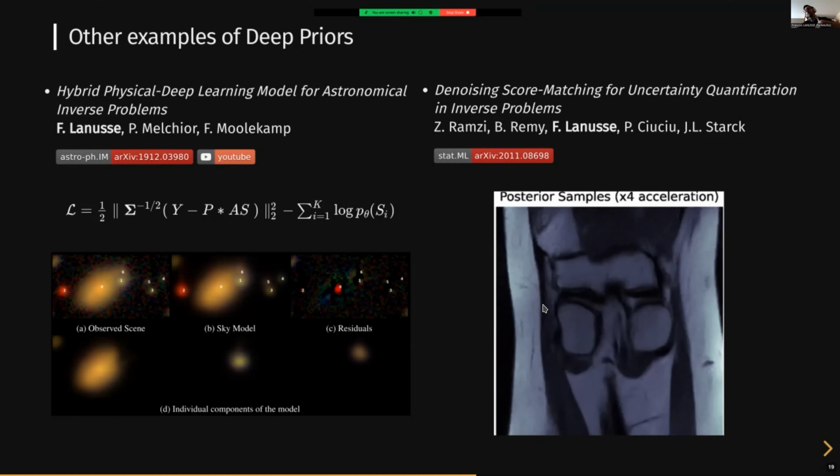And another way to say it is that the physician should not pay too much attention to those details because it gives them visual information that this particular region of the image is not well constrained by the data, which is something that was typically lacking in classical neural network-based reconstruction of medical imaging.